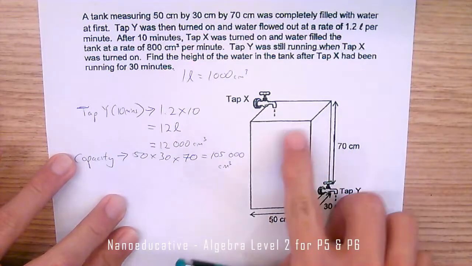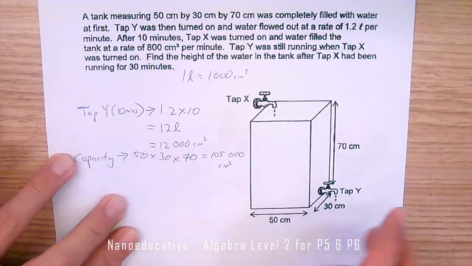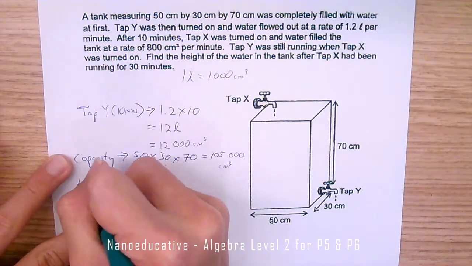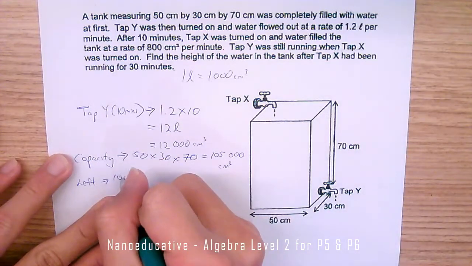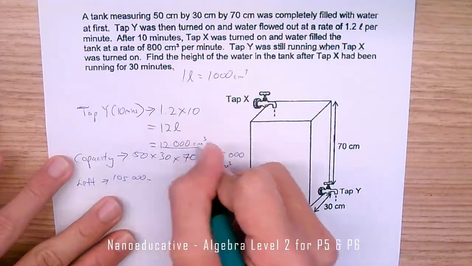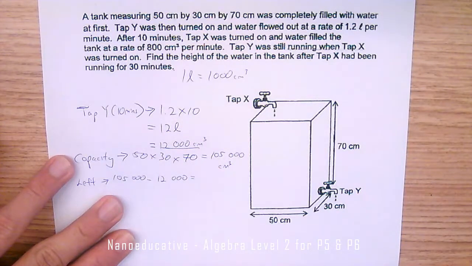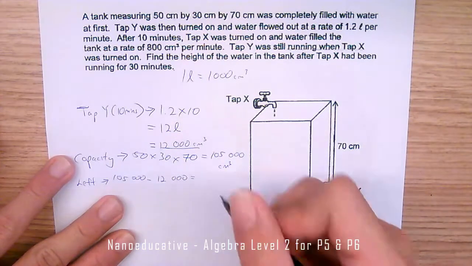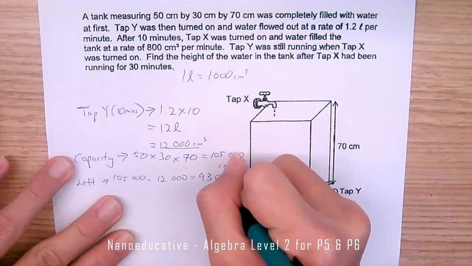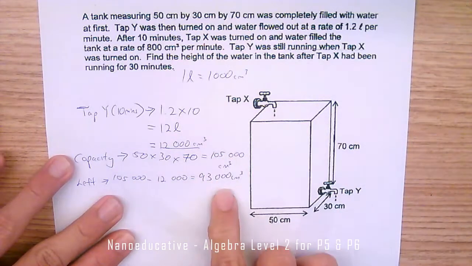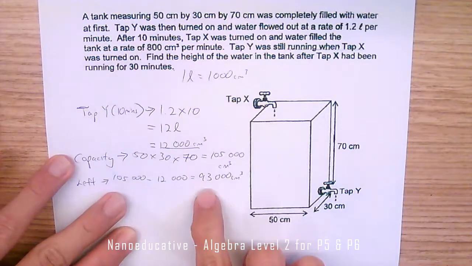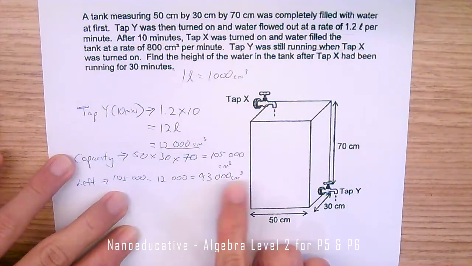Out of this total amount, 12,000 cm³ was drained out. So what is left would be 105,000 minus 12,000, and that will give us 93,000. After 10 minutes, there was only 93,000 cm³ of water left.